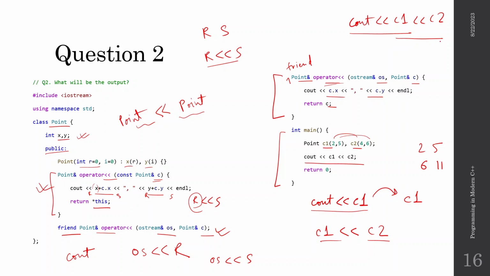Let me write here 1 and 2. The first one gets run by this function. So this one function is called for the first part, and for the second part this function is called.